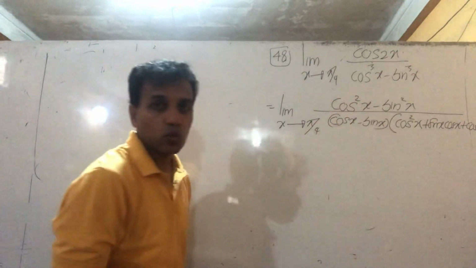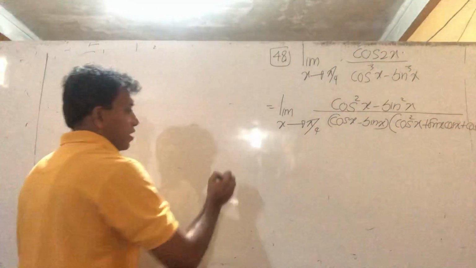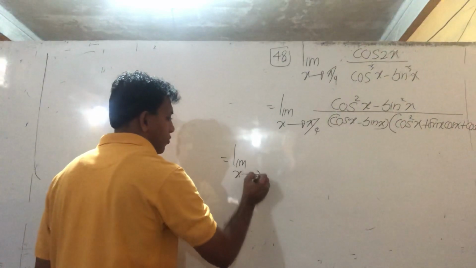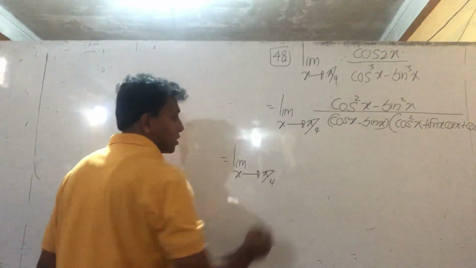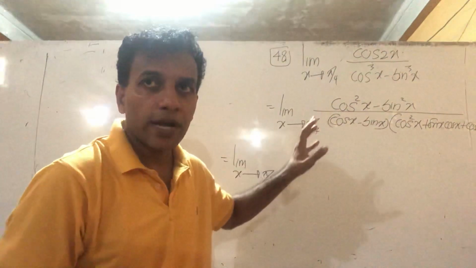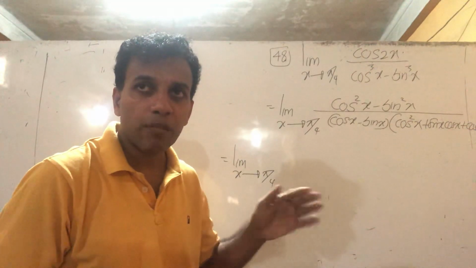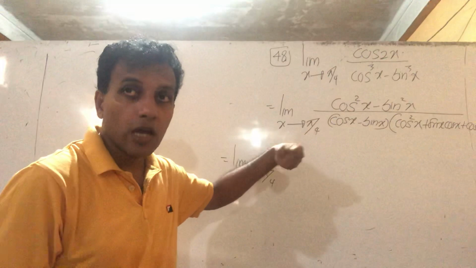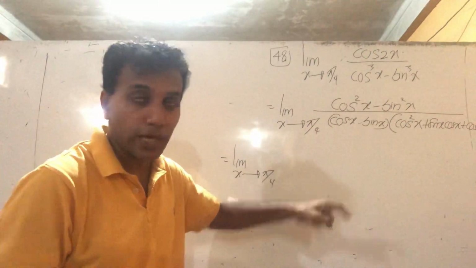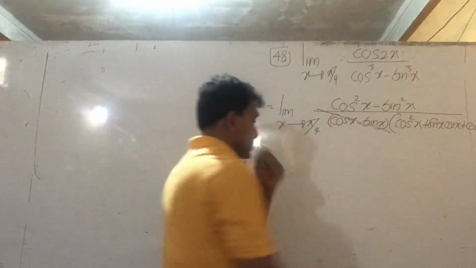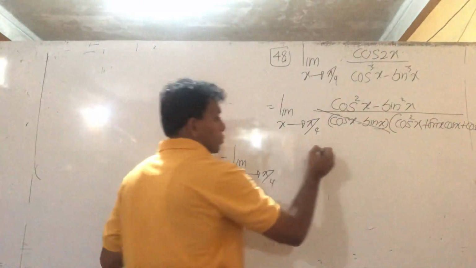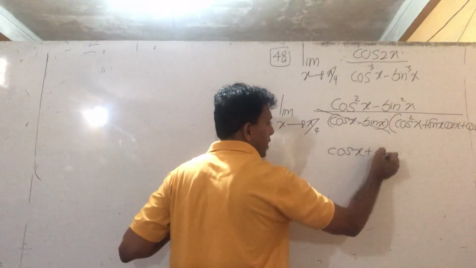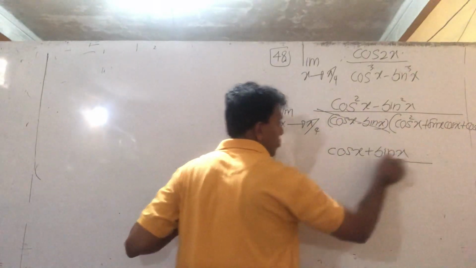So limit x approaches pi by 4. You know cos square minus sin square factorizes as a minus b, a plus b: cos x minus sin x, cos x plus sin x. Therefore cos x minus sin x cancel. So cos x plus sin x remains in the numerator.